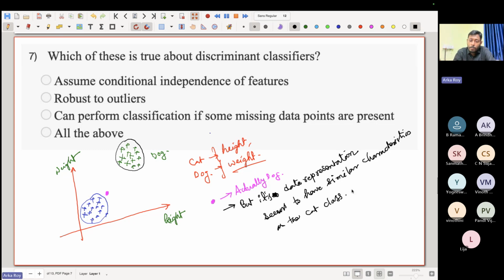From the image of the Chihuahua dog you can understand that even though it belongs to the dog class, its height and weight is almost the same as a cat.